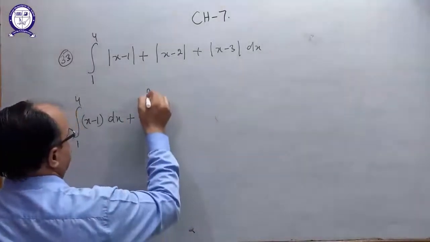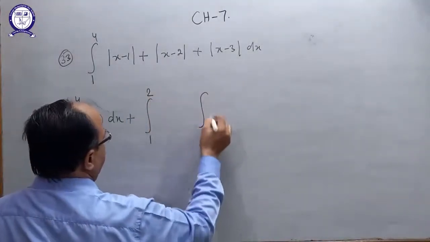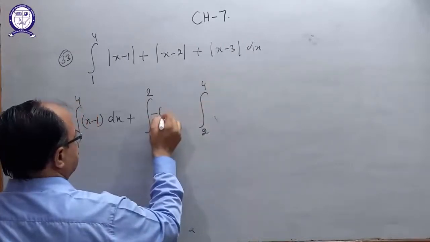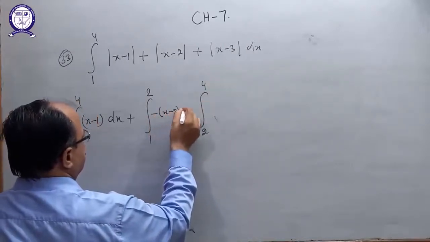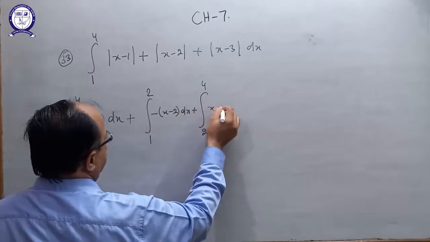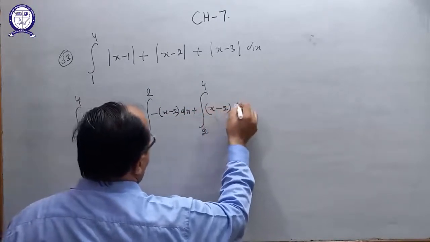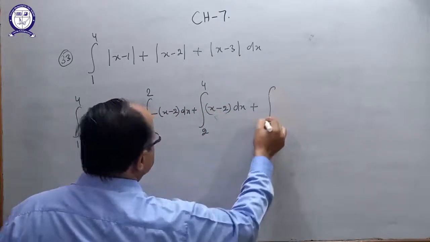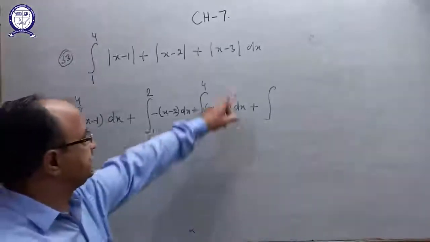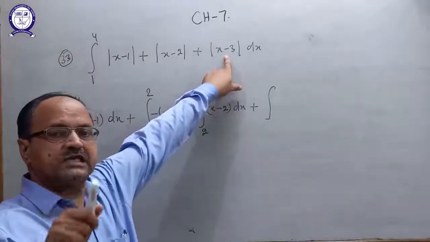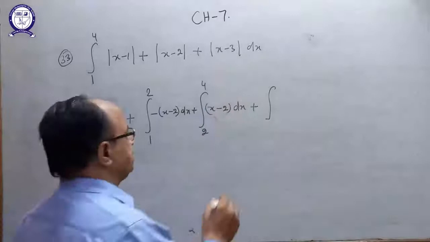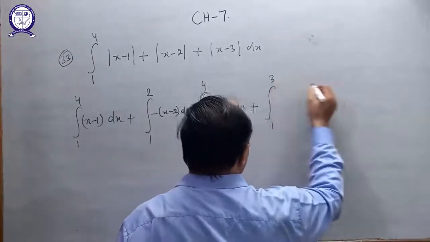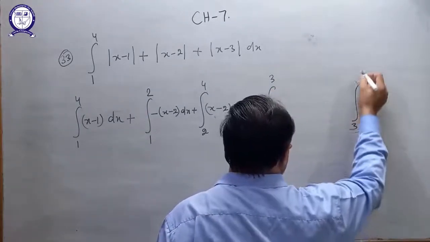Here the critical points are 1 to 2 and 2 to 4. Left hand side minus and right hand side plus. For the next critical point, x minus 3 is equal to 0, then x is equal to 3. So 1 to 3 and 3 to 4.